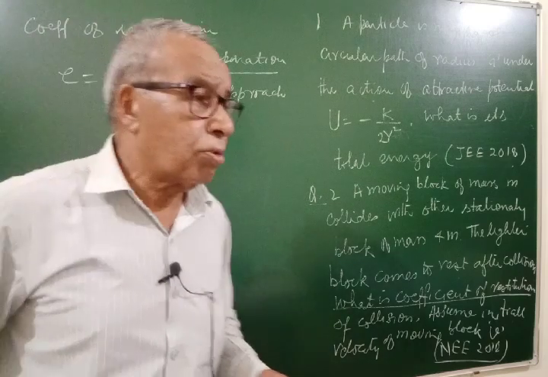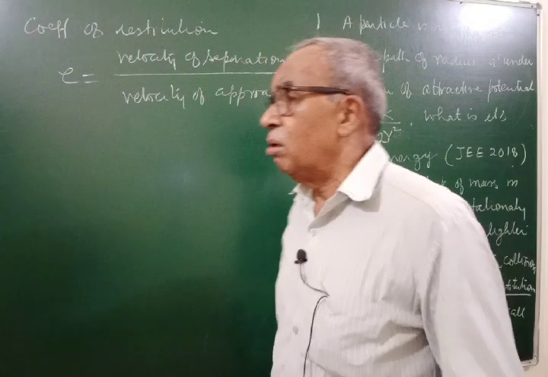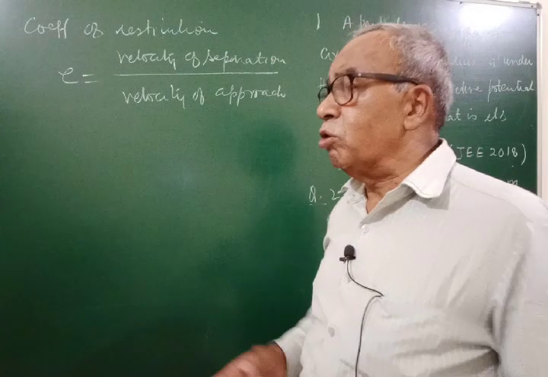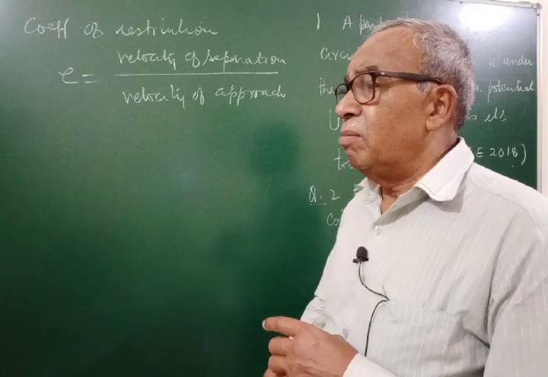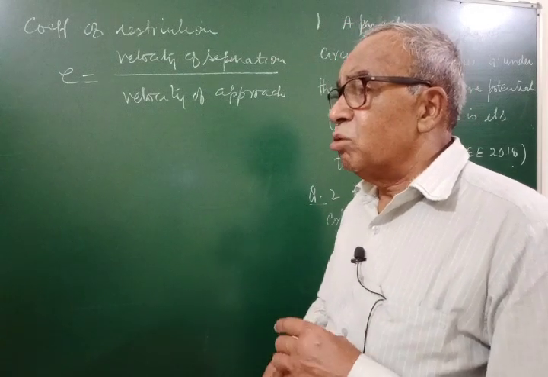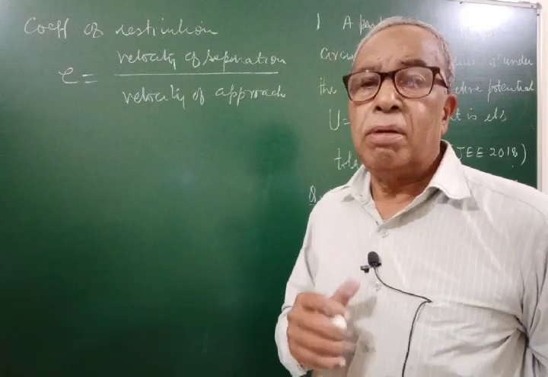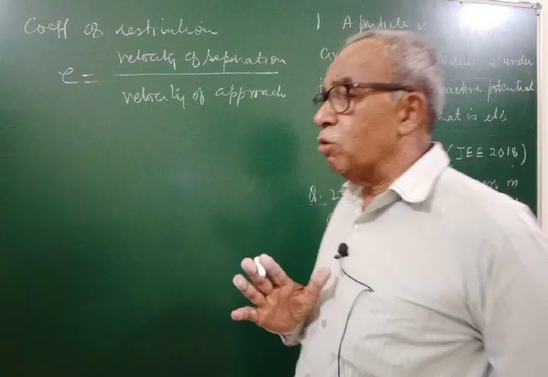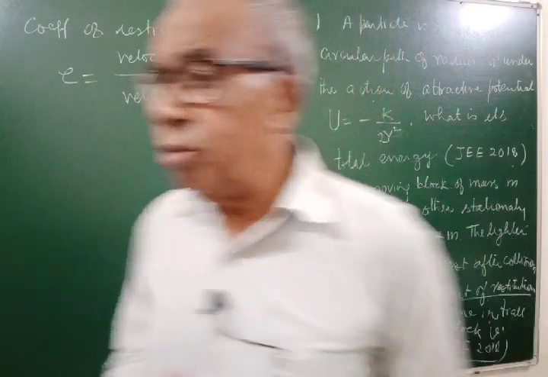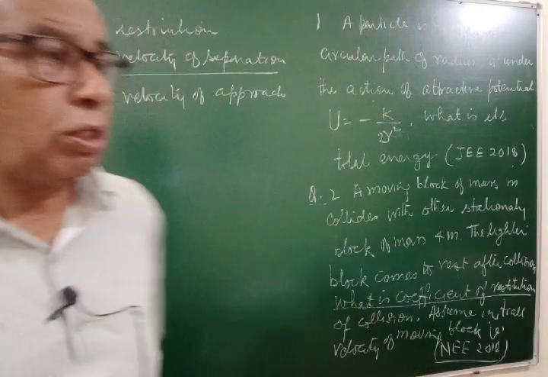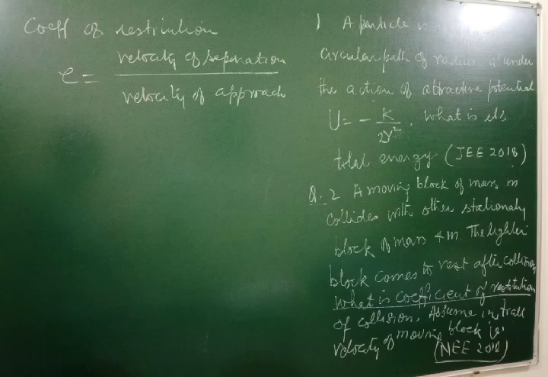You know, for a perfectly elastic collision, velocity of approach is equal to velocity of recession, meaning departure. So for that E is 1. We have proved that for a perfectly elastic collision, velocity of approach is equal to velocity of separation.